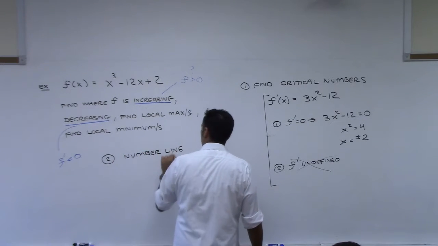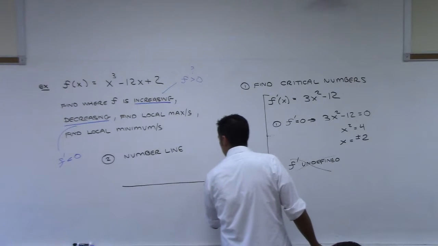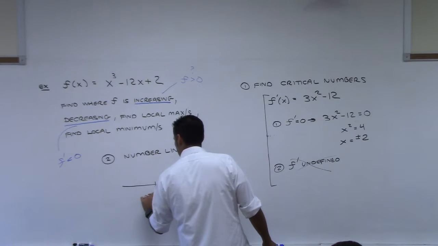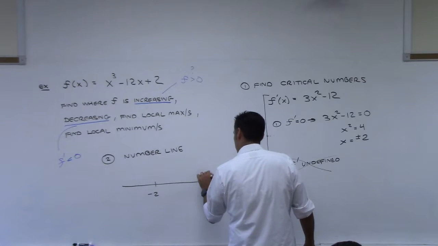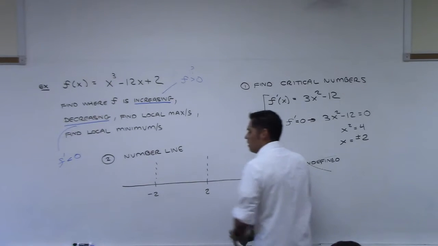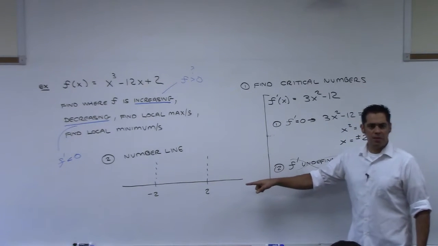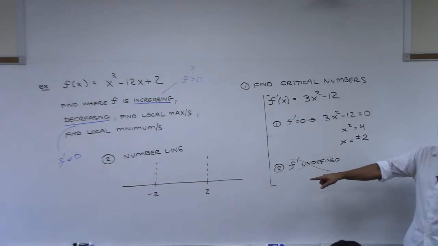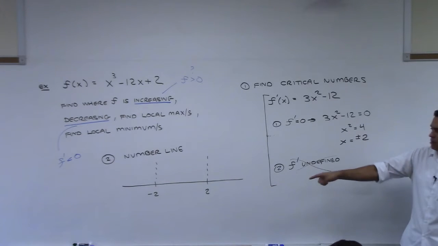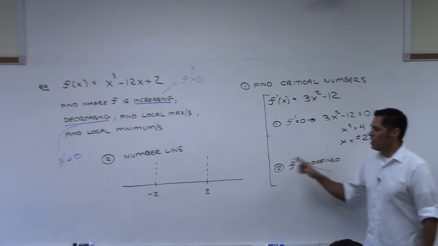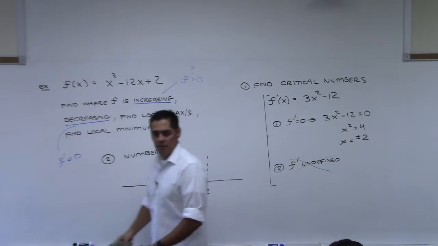And once I do it, I'm going to try and explain what my thinking is here. I drew a number line, and notice the 2 points I put on that number line. Where did I get those 2 points from? Yeah, those are my critical numbers.